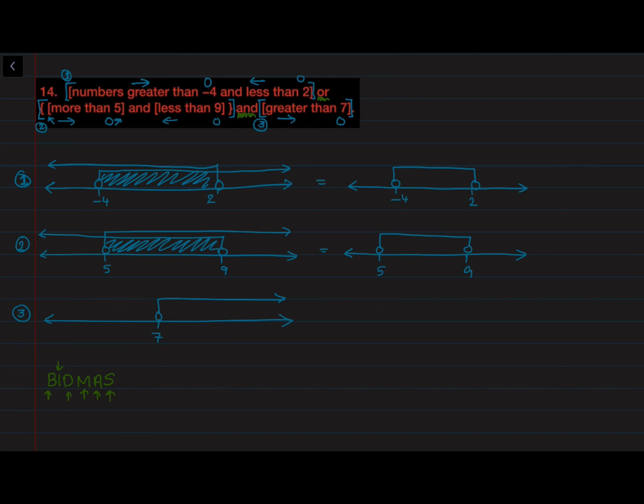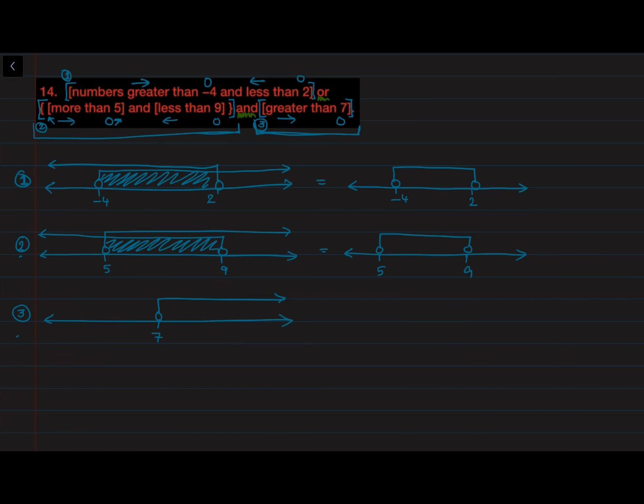And we always do the AND operator first. So the AND operator connects this interval and this interval together. In other words, interval 2 and 3 together. So we're going to combine them together with an AND operator first, and then combine our resulting interval with the first interval that we have.